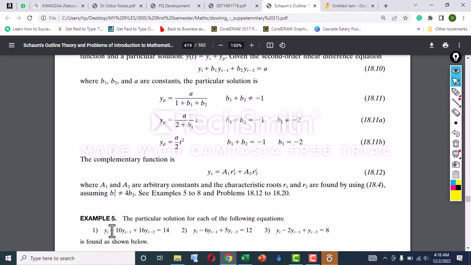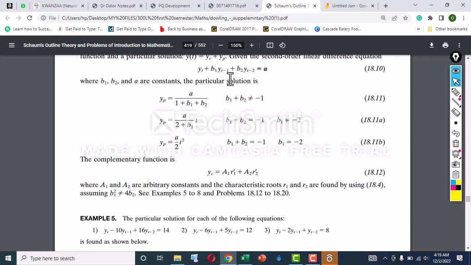Our b1 here is minus 10. Plus b2, our b2 here is plus 16. And equals a, our a here is 14.